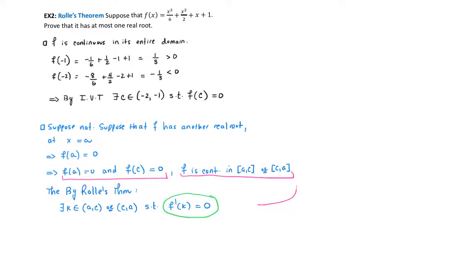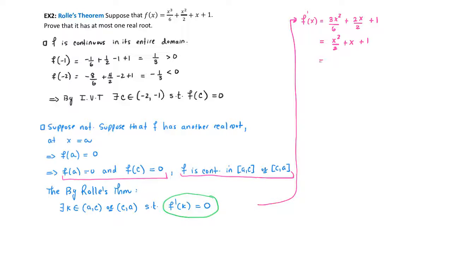So now let's go ahead and find the first derivative. Let's differentiate. So f prime of x will be equal to 3x squared divided by 6 plus 2x divided by 2 plus 1. Simplifying, this will be x squared divided by 2 plus x plus 1.